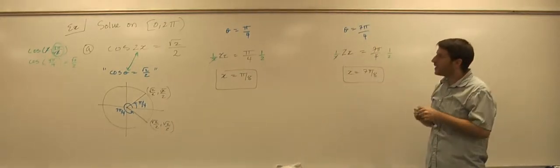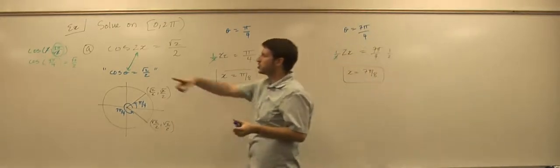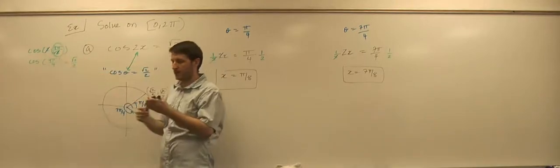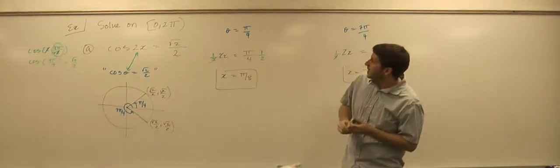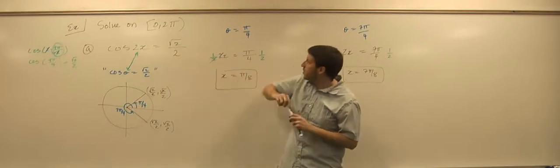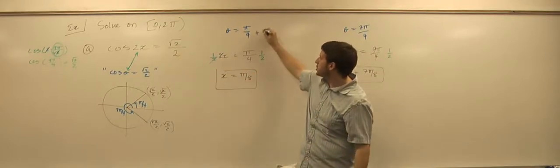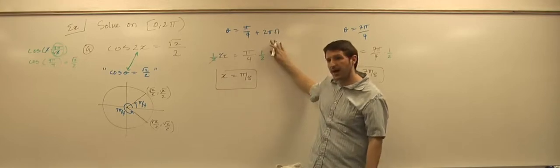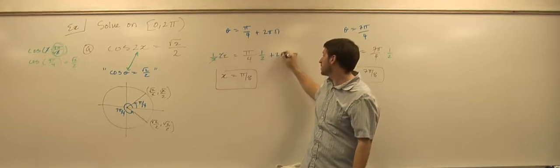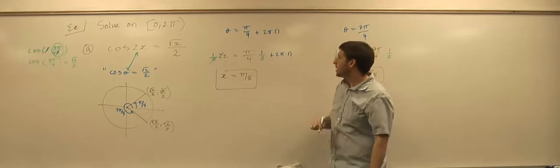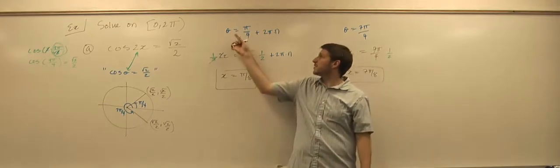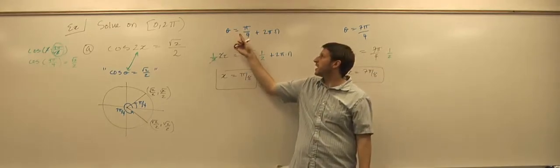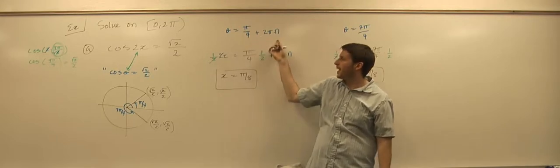Okay. So one way to make up for these extra solutions that you're missing is when you initially solve for theta, find all solutions. So add in that 2 pi n. Right? So instead of writing theta equals pi over 4, write theta equals pi over 4 plus 2 pi n.